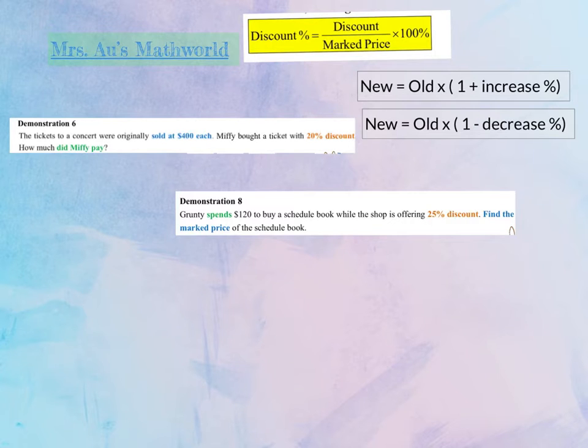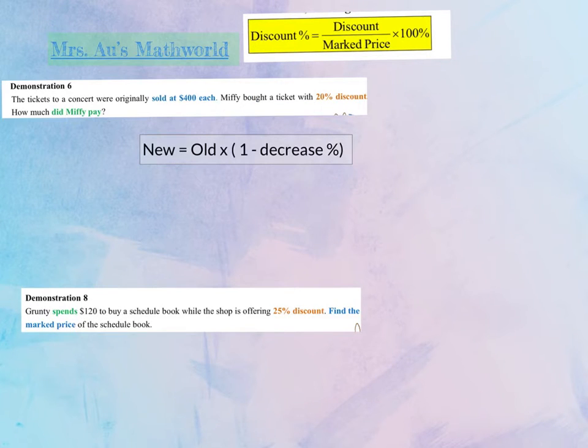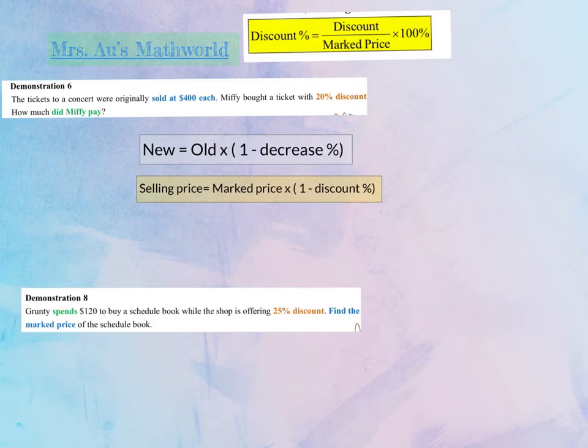Then, in both cases, we are having a discount, right? For the discount, it must go to 1 minus decrease percentage. That means we can't use the first one, so just put it aside. As for this one, we have the terms for new values and old values. Let's put it here: selling price, the new one, equals to market price times 1 minus discount percentage.